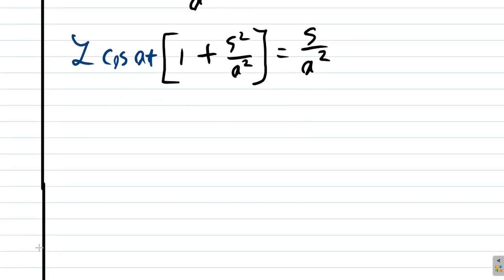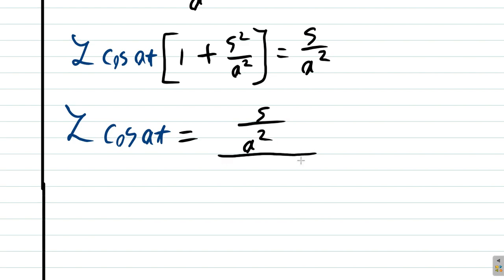Now, the Laplace transform of cos AT is equal to, we divide both sides by 1 plus s squared over a squared. So we have s over a squared divided by 1 plus s squared over a squared.